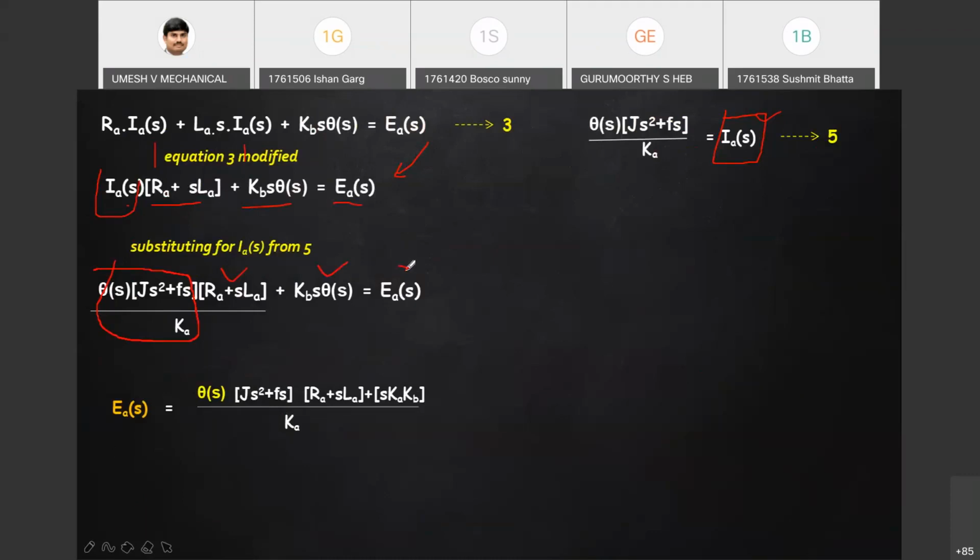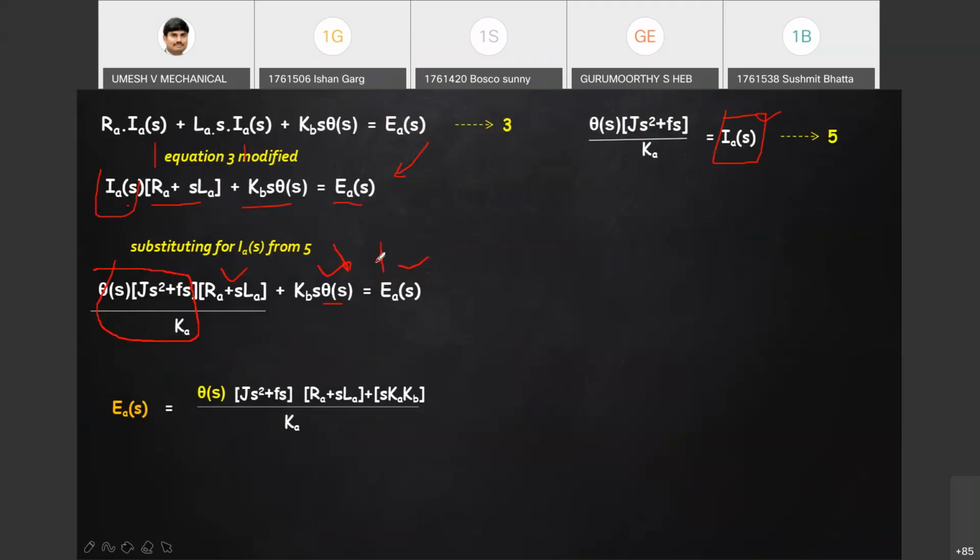Then you have Ea(s). We have successfully removed Ia(s), which was unwanted. We wanted only the input and theta(s) as output, only these two.